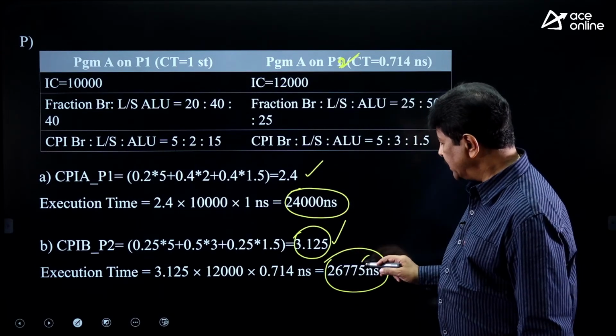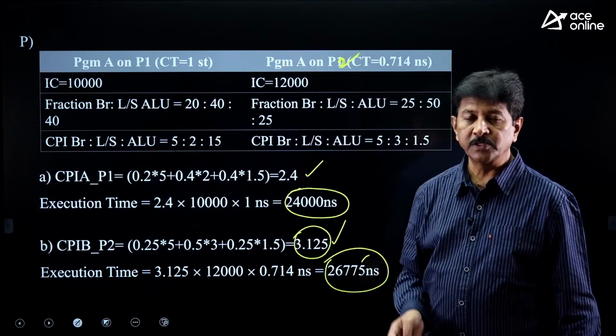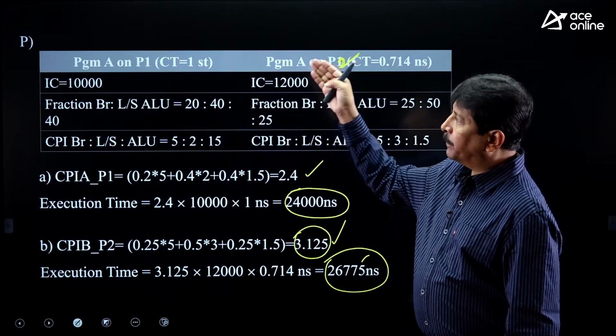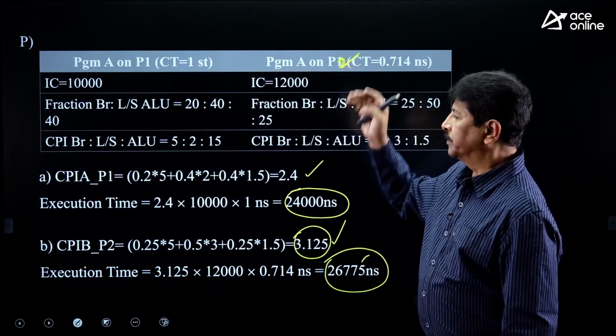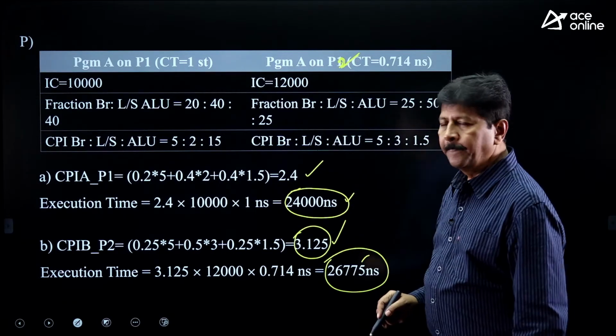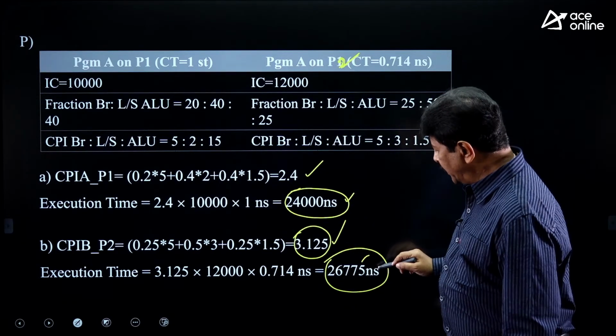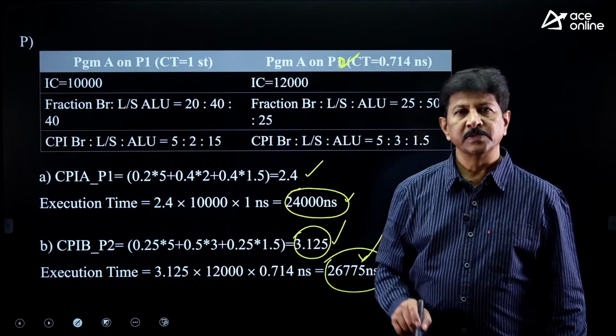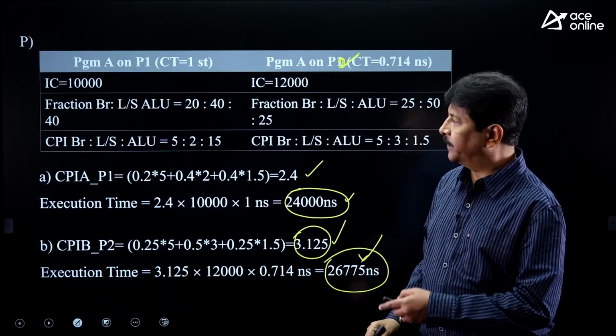So the conclusion is, it is better to execute program A on processor 1 compared to processor 2. Processor 1 is taking 24 microseconds. Processor 2 is taking 26.775 microseconds. So that is how you have to compare the CPUs.